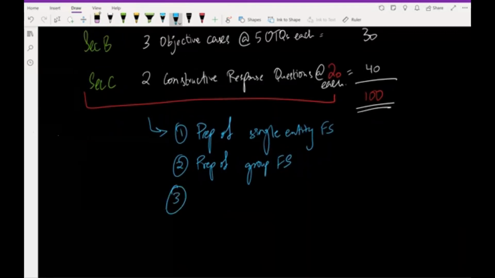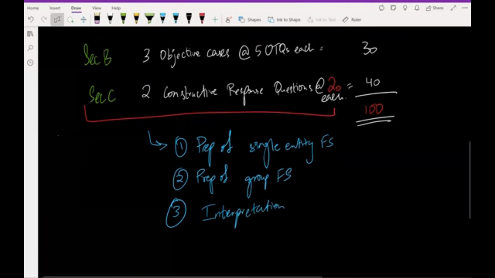And number 3, interpretation of financial statements. Now, that interpretation could be based on single entity, could be based on group, could be based on comparators, it could be anything, right? So, these are 3 topics that could be tested in your section C.